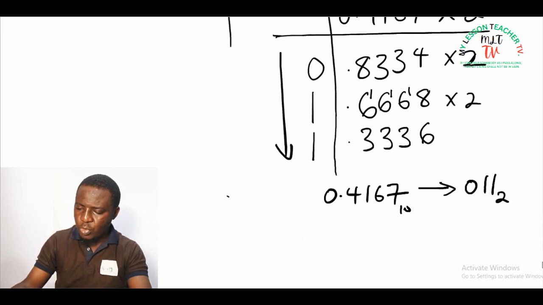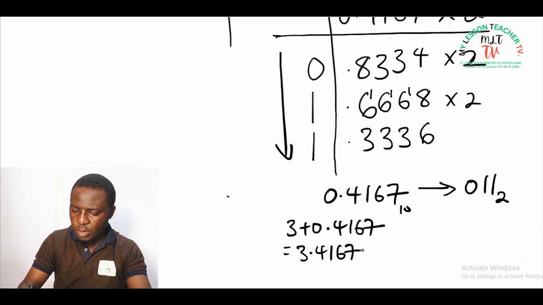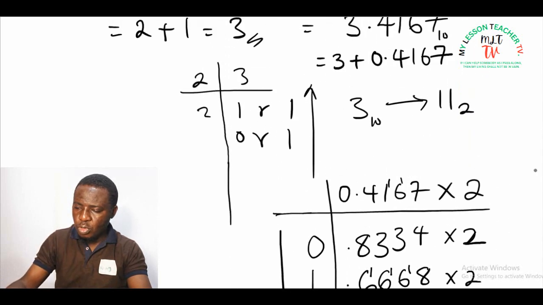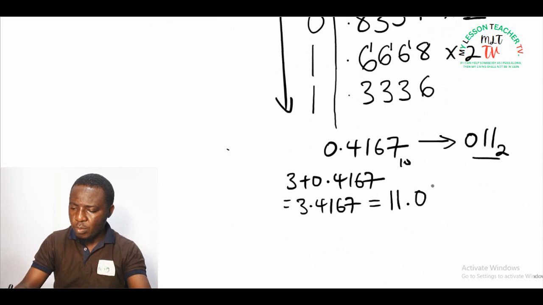So when you add 3 plus 0.4167, this will be equal to 3.4167, and it's equivalent to the whole number part 3 and the fractional part, which is 11.011 base 2 approximately.